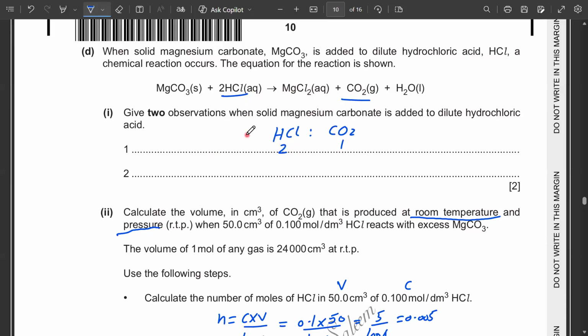And we have just calculated the moles of the HCl to be 0.005, and for carbon dioxide it becomes X. So cross multiplication, X is equal to 0.005 divided by 2. So we calculate this value.